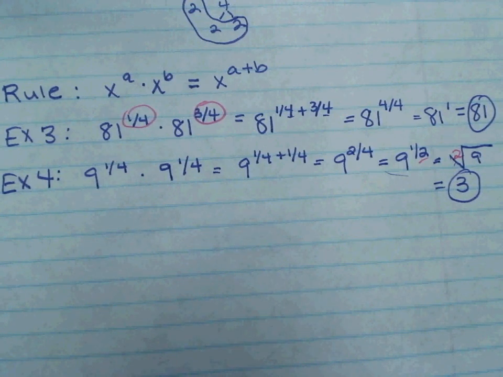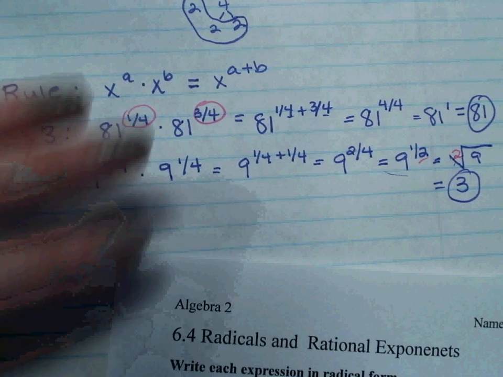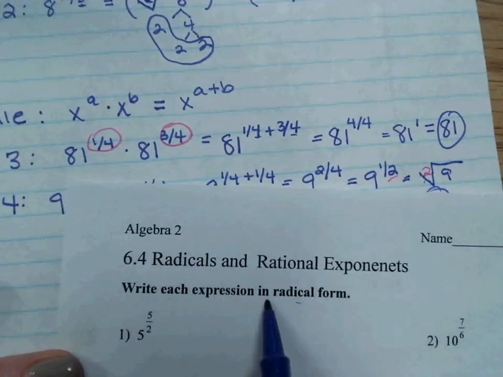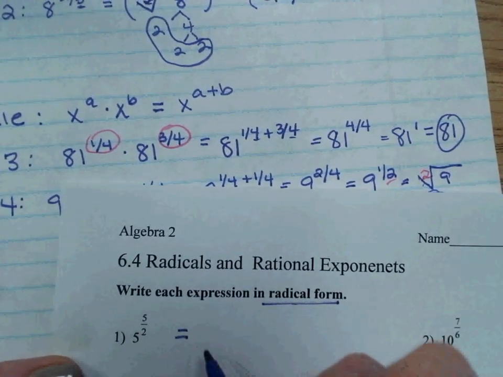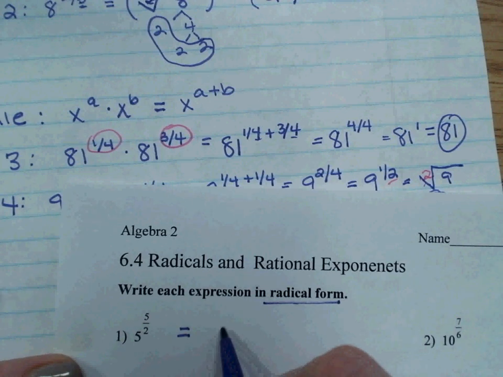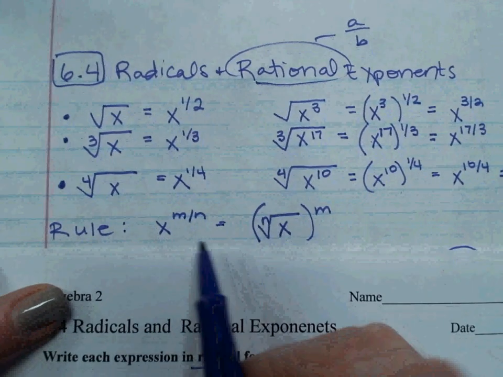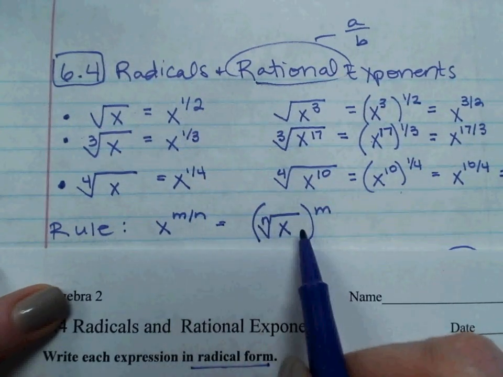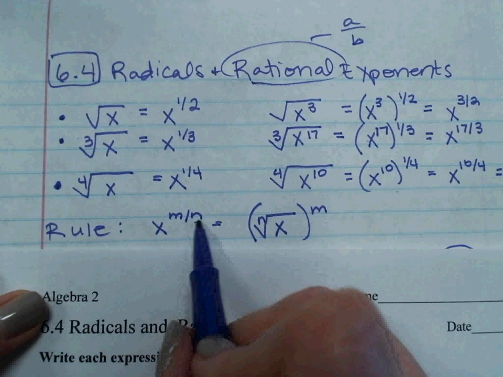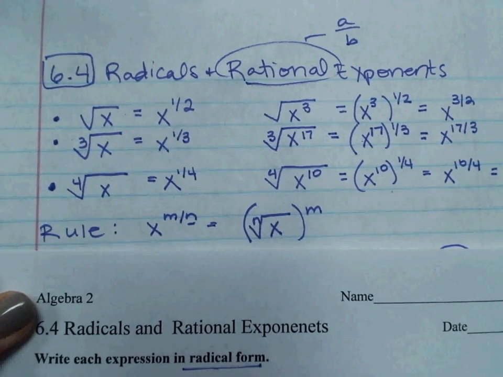Now on your assignment, let's do a couple examples. When we have write each expression in radical form, go back to our notes here, this goes back to this rule, so we know this is our index, so that's our radical 5.